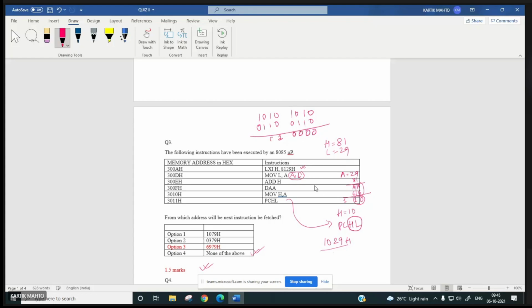Then this will be 0, 0, 0, 1. Now, if this carry is generated after DA, then also 1, 1, 0 will be added over here.